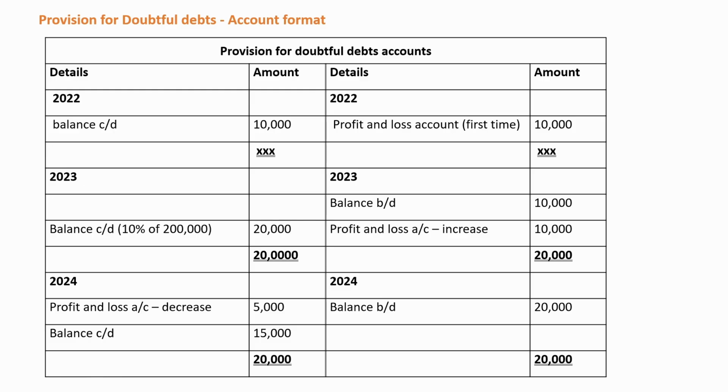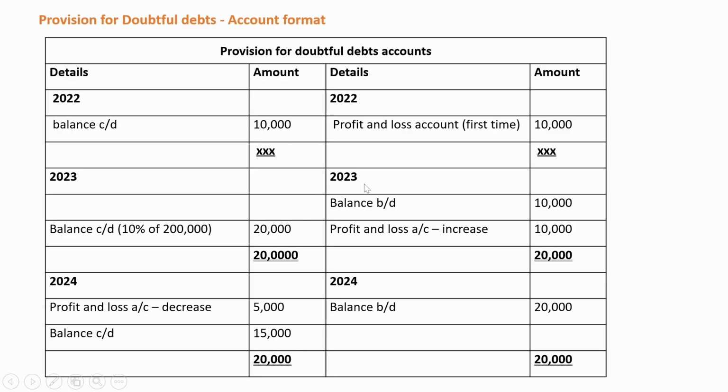So on the credit side, we record profit and loss account 10,000. So we don't have increase or decrease because this is the first year the business is making the provision. So by the end of the year, you just record the balance carried down, 10,000, and we don't show any increase or decrease. So the increase or decrease will come in the next year.